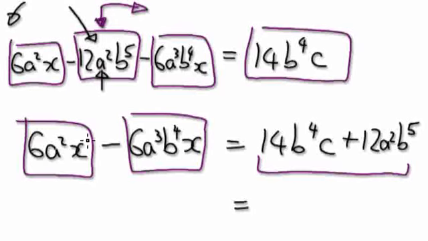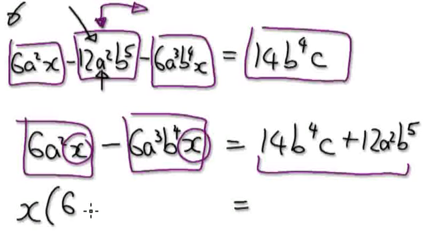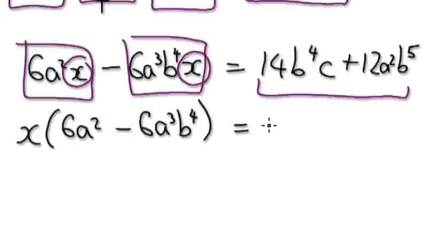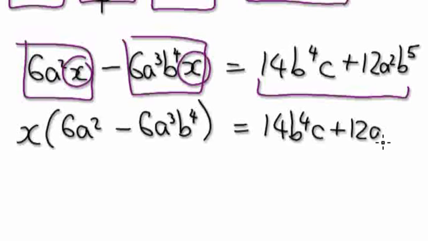All these are rubbish, I don't really care. So here x is in common. So factorize it. So x, 6a squared minus 6a to the power 3 b to the power 4, and then close it. Okay, on this side, the rubbish terms added together.